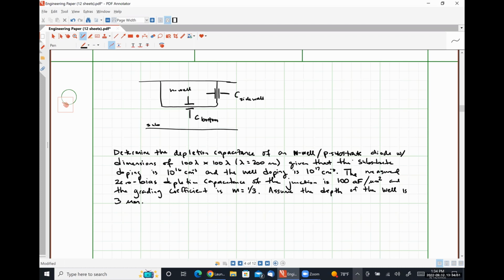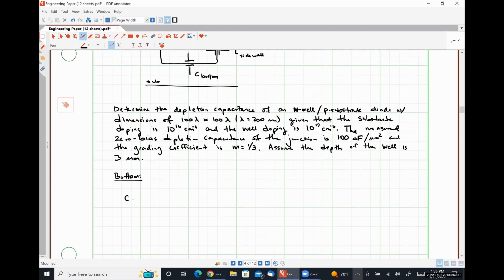So for the bottom, we're going to have CJ0 B, which is our unbiased junction capacitance for the bottom, is going to be ZJ0. So this is one thing also that I want to point out. Typically speaking, the junction capacitances and things like that that are given in the CMOS process are per unit area.